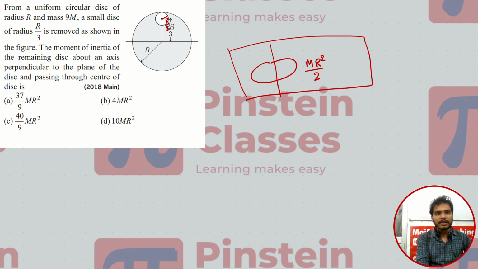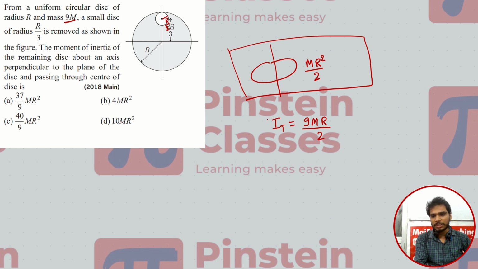Here the disk has a total mass of 9m. So the moment of inertia of the whole disk, let it be I total, will be 9m times r square upon 2.